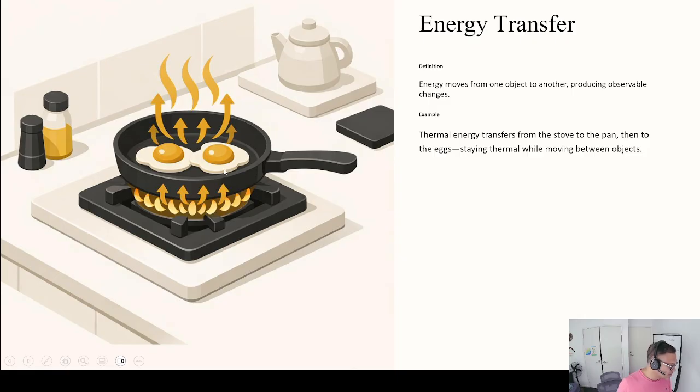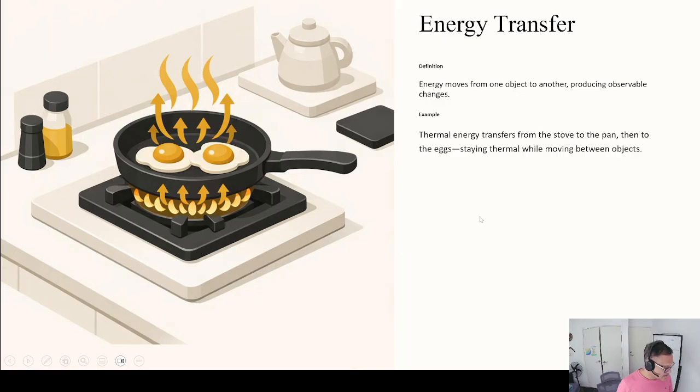And then eventually it transfers to this egg where this dish is being made. So this heat gets transferred from the bottom to the frying pan to the egg. So energy moves from one object to another, producing observable change. And you can see your dish being prepared, a good smell coming out of it, and the look changing. You can observe that change. So that is energy transfer, basically energy moving from one object to another, producing an observable change.